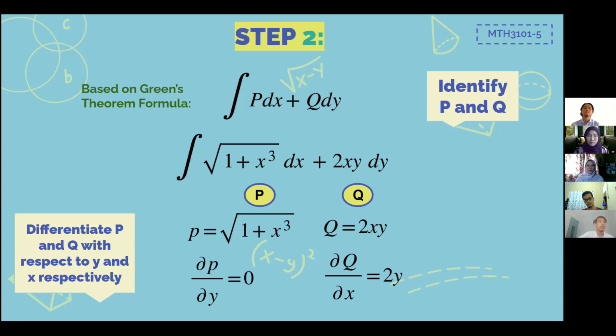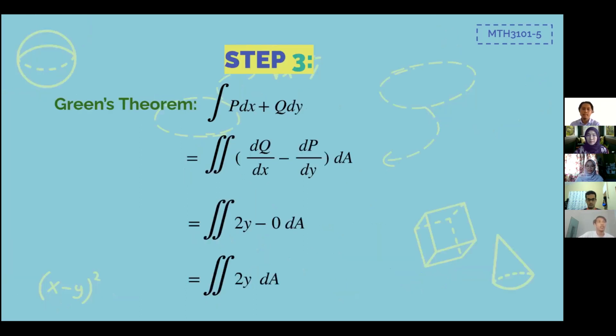Then we differentiate P and Q with respect to y and x respectively. So delta P over delta y equals 0, and for Q equals 2xy, delta Q over delta x equals 2y. Next, I will pass to the next person.